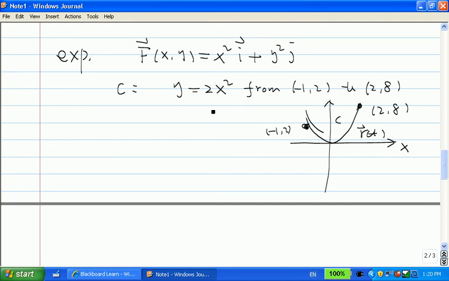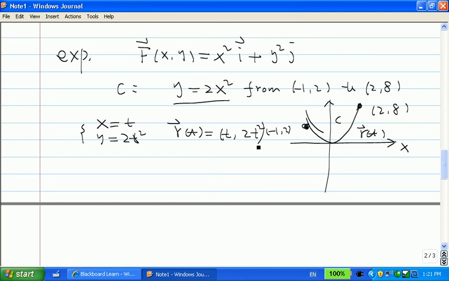So what's our r of t here? Okay, if they give you a curve like that, you can always write x equal to t, y equal to 2x squared. Since x equal to t, this gives you 2t squared. That's your r. Okay, my r of t here equals t and 2t squared.